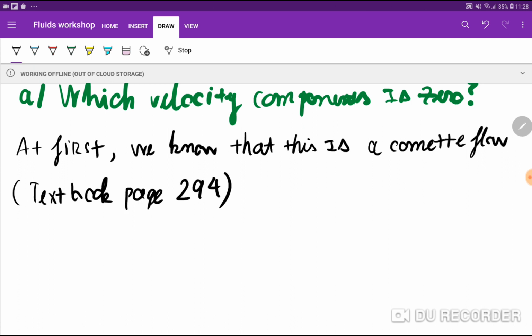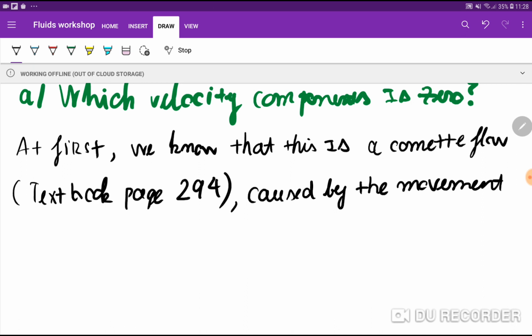In summary, Couette flow is caused by the movement of a surface. Okay. What do we know additionally?